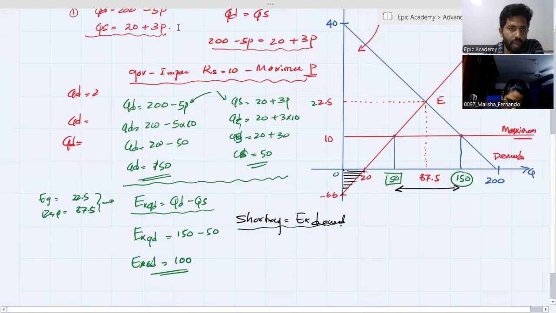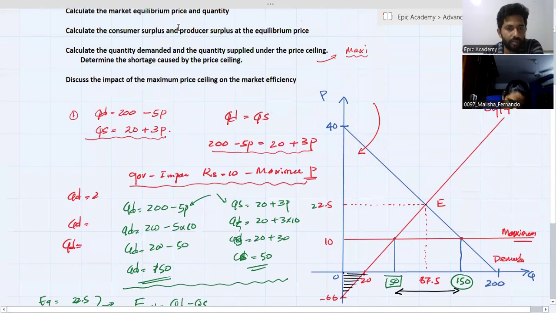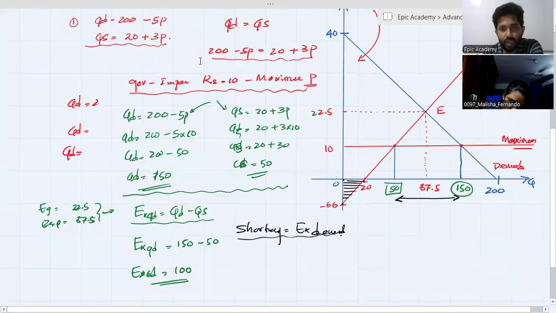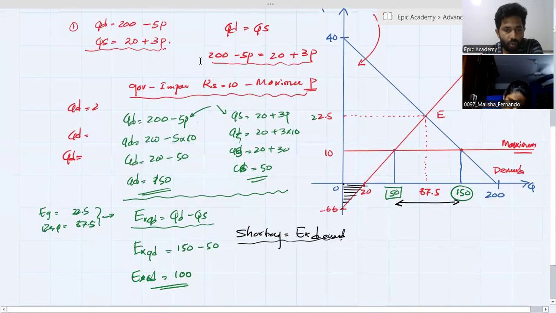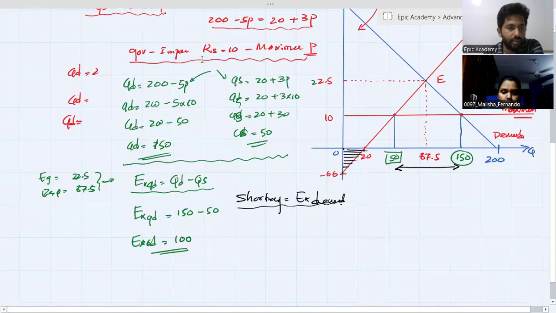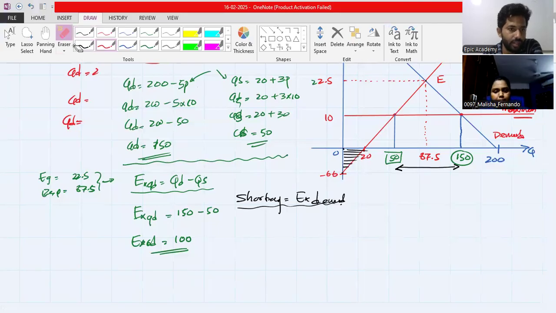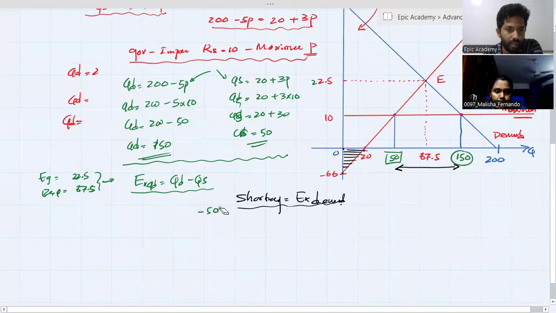And now we are going to calculate another thing. Discuss the impact of the maximum price ceiling. So we have to identify the impact. We already identified one impact: excess demand. We will list out what will happen.